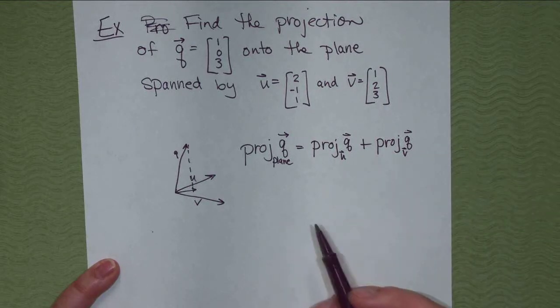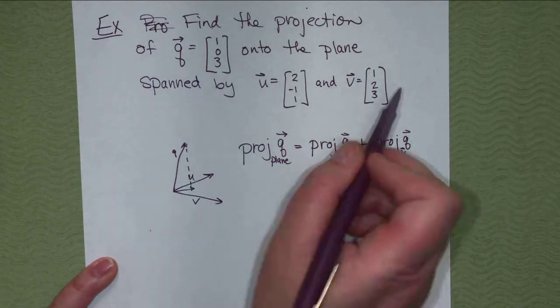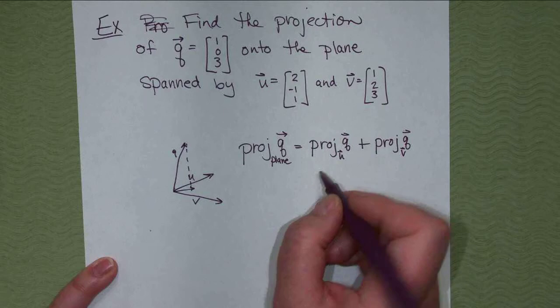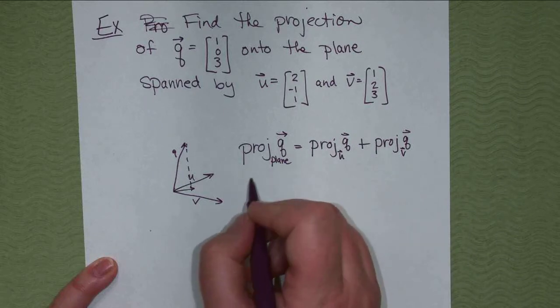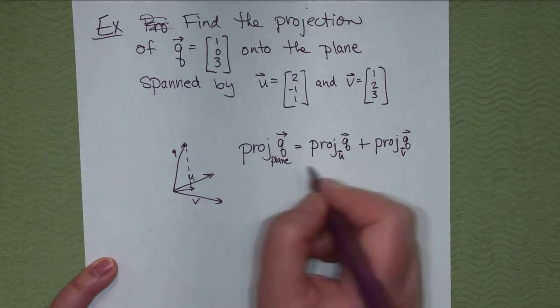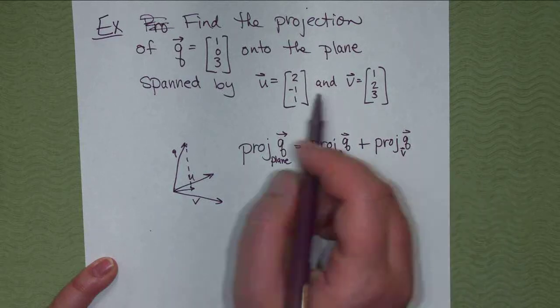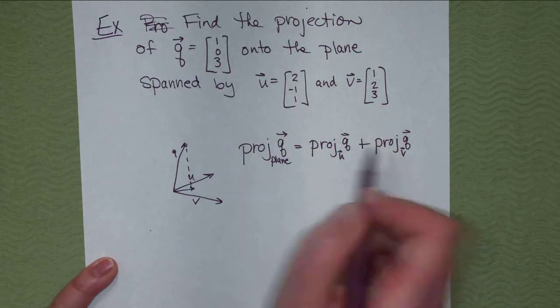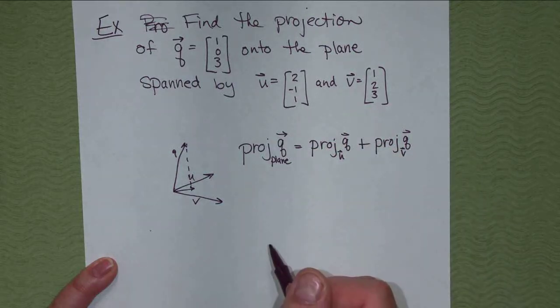So we don't even need to do the question, you would just do the dot products of them. It's like two different questions. So this answer, if you wanted to project Q onto the plane, the plane spanned by these, you just find them separate and put it together.